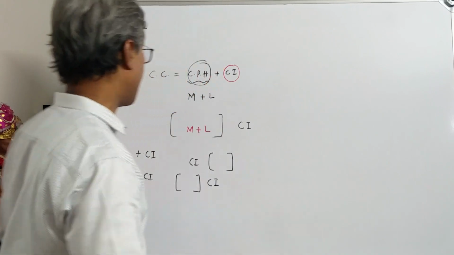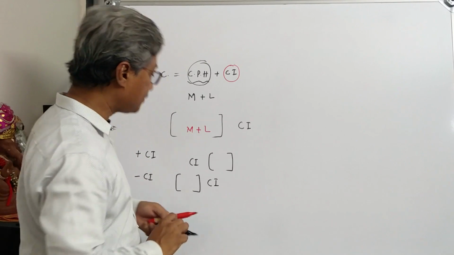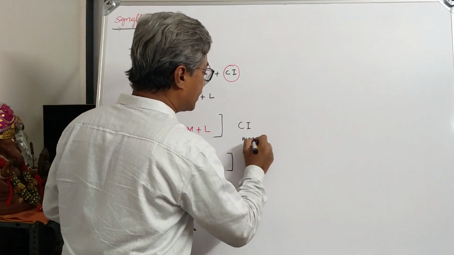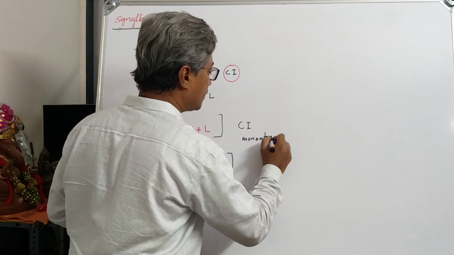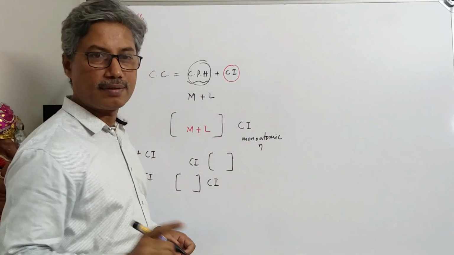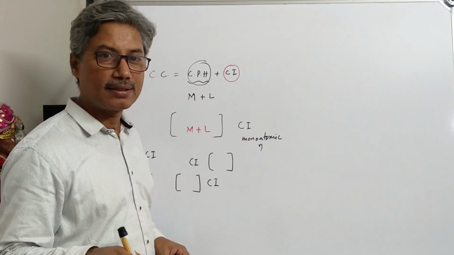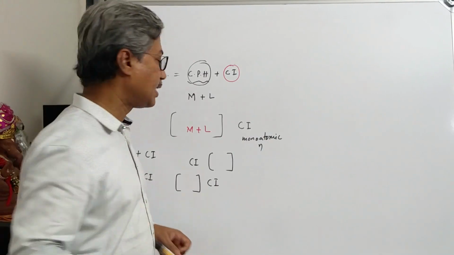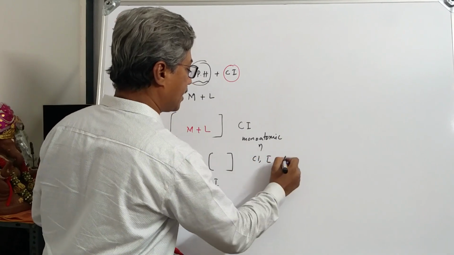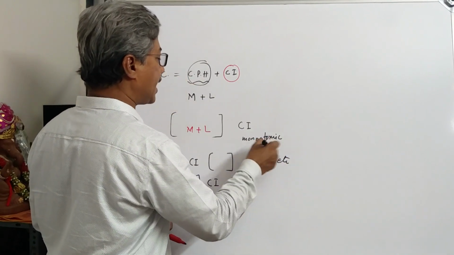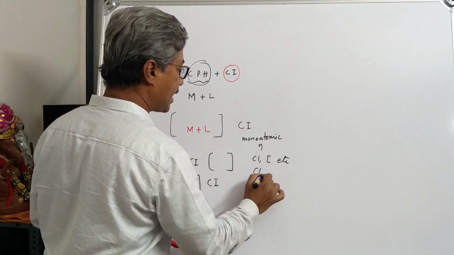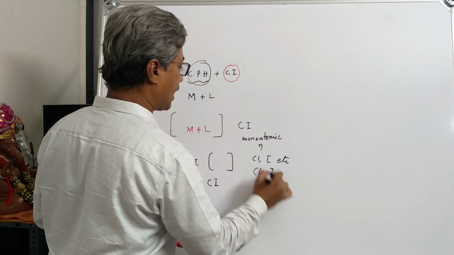Is it clear? Okay. Next important thing is, if the counter ion is monoatomic and appearing n times, for example Cl, I, etc., then it should be simply written as Cl n times or I n times.